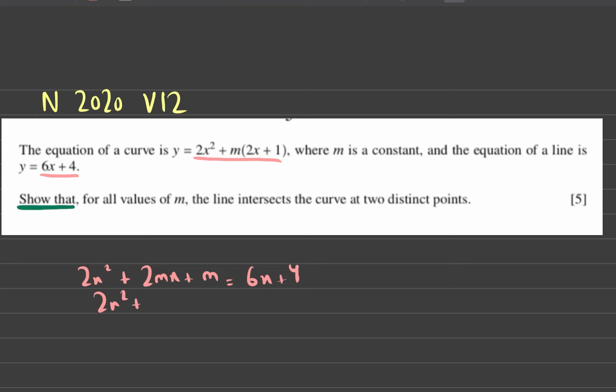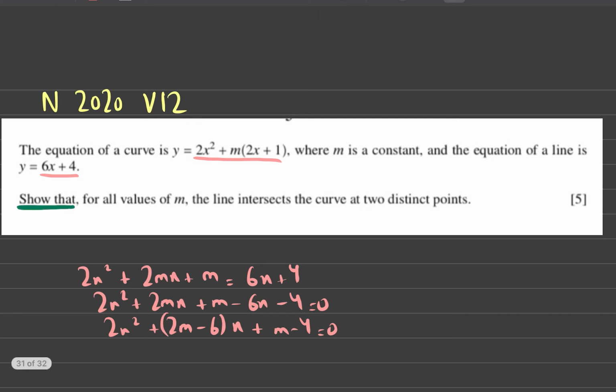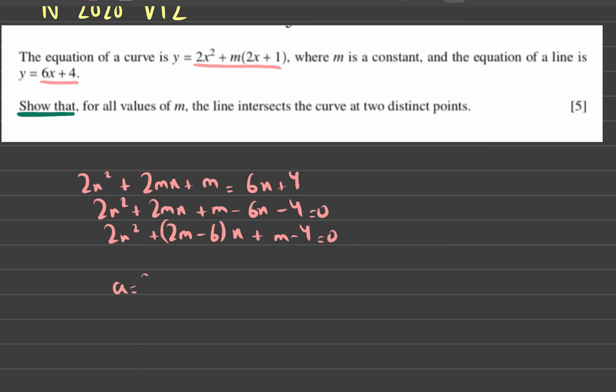2x squared plus 2mx plus m minus 6x minus 4. Now 2x squared plus 2m minus 6 x plus m minus 4. Now what's A? A is 2, B is what? 2m minus 6 and C is what?